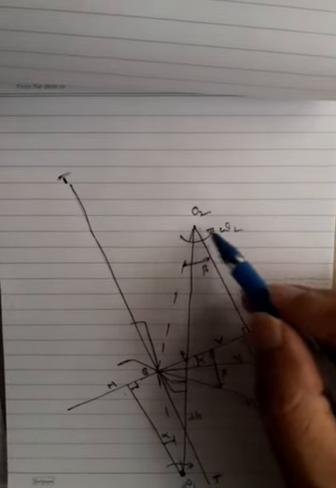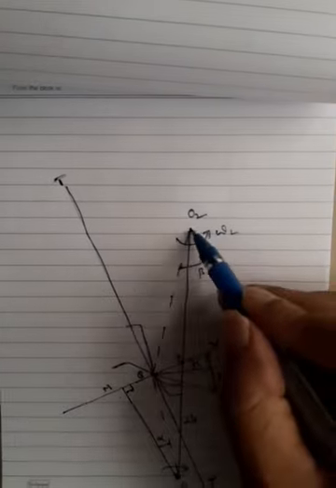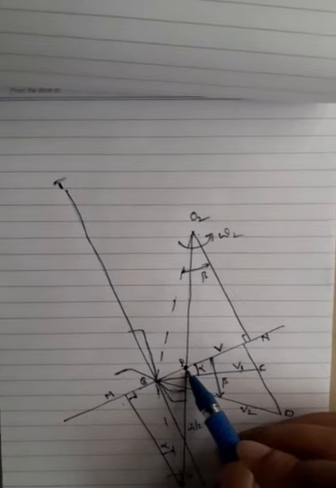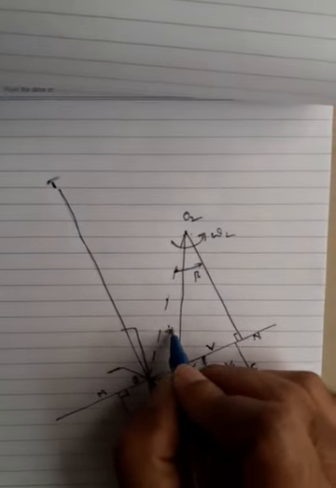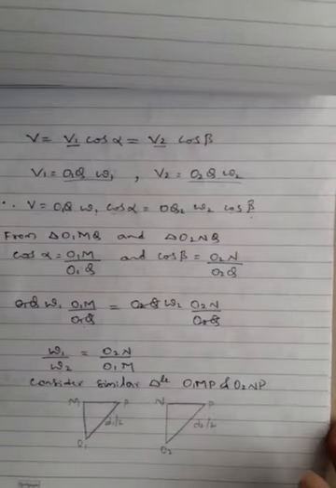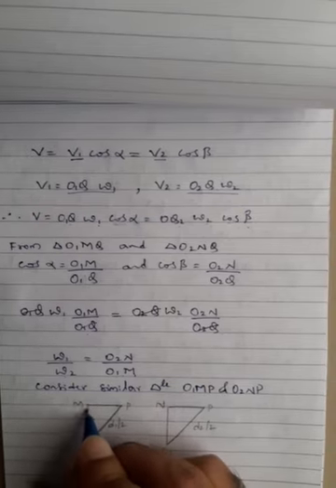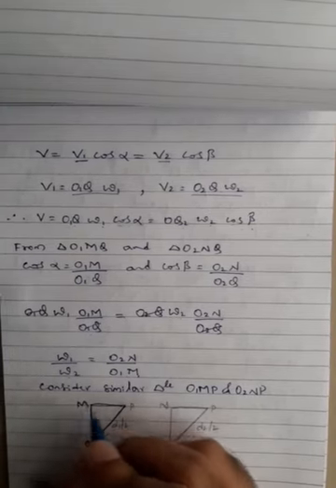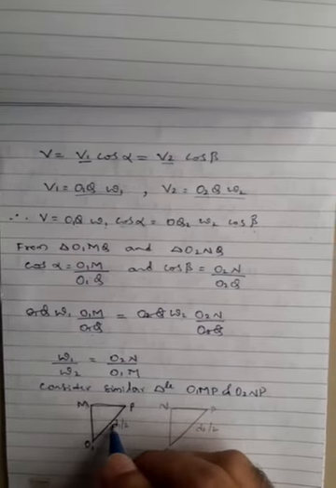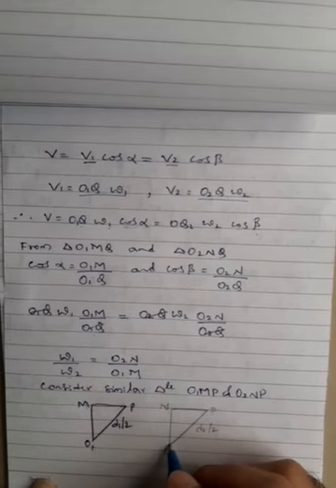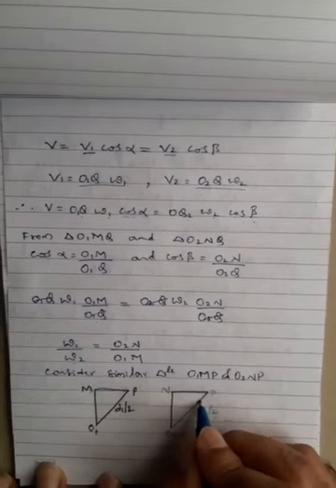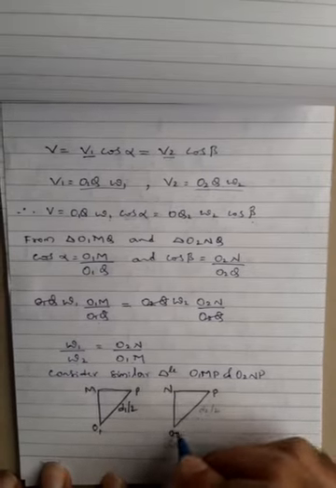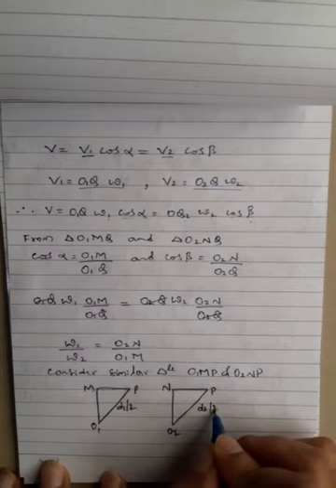And from triangle O2NP, O2P is again the radius of the gear, that is wheel 2, so this can be written as d2 by 2.